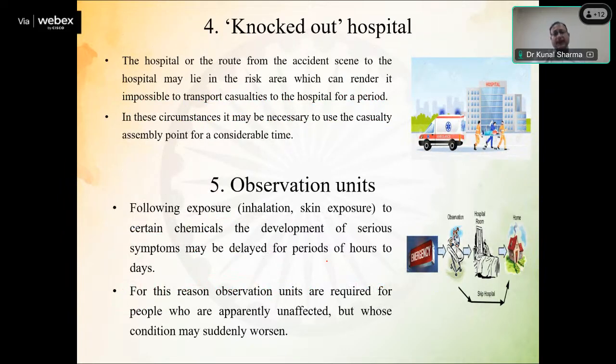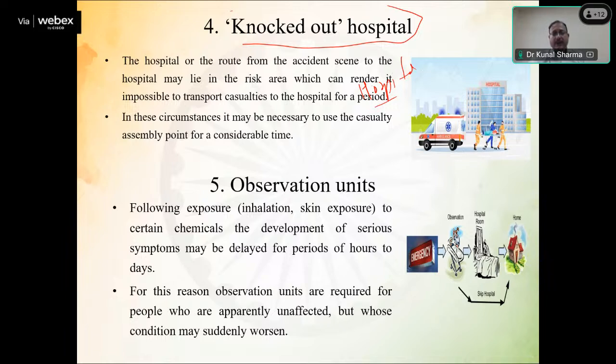Next part is knocked out hospital. The hospital, or the route from the accident scene to the hospital, may lie in the risk area, which can make it impossible to transport casualties to the hospital for a period. What I want to communicate from this particular knocked out hospital is that you have assigned a certain place or hospital. This is a hospital where I will treat any person who is exposed to chemicals.